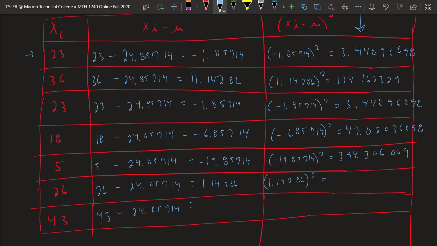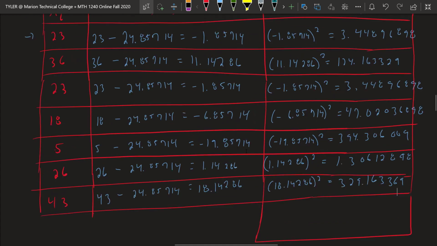And then squaring that, you get 1.30612898. And then lastly, 43 minus 24.85714. You subtract those, you get 18.14286. And then if you square that, you get 329.163,369.